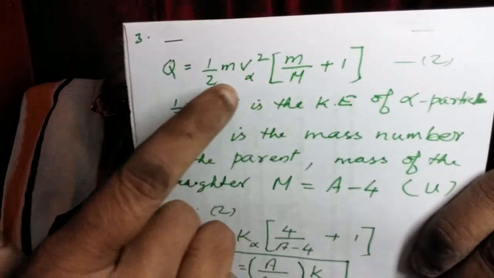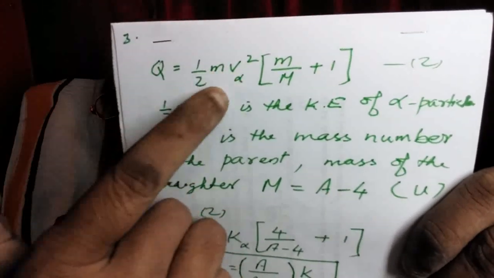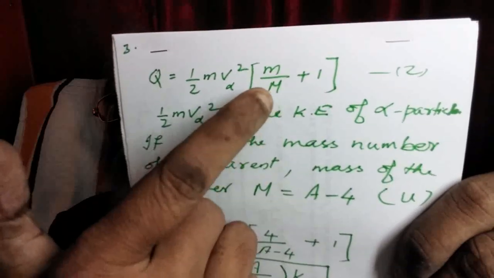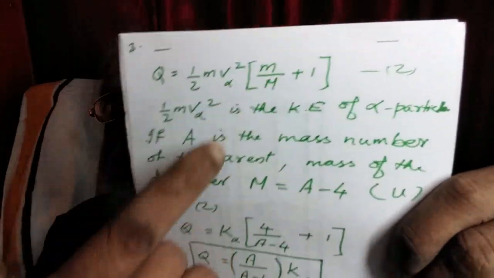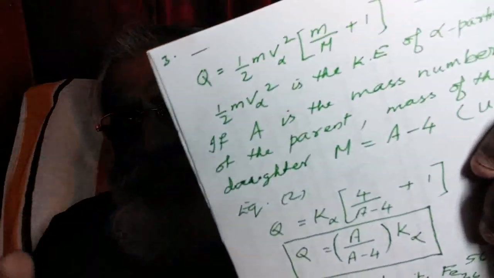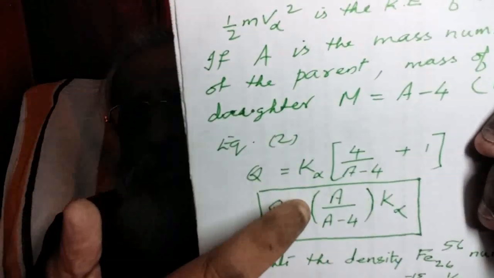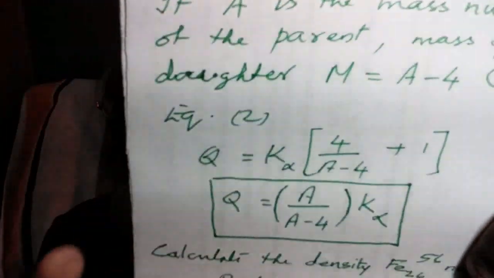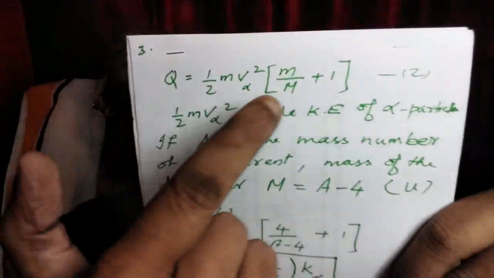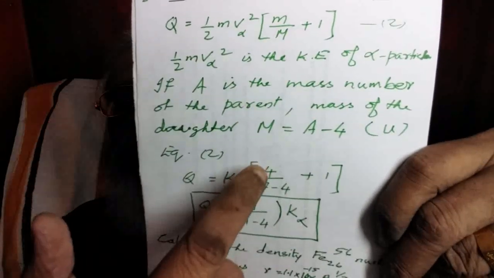You can do the simplification steps yourself. Now half m V alpha square is the kinetic energy of the alpha particle. Now we know that small m is 4 units, the mass of the alpha particle. Let the mass number of the parent be A. Then mass of the daughter will be A minus 4. Capital M is A minus 4. So you substitute these values here. In the place of small m you put 4.